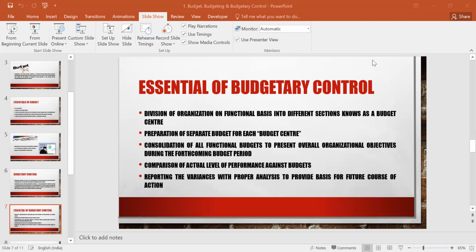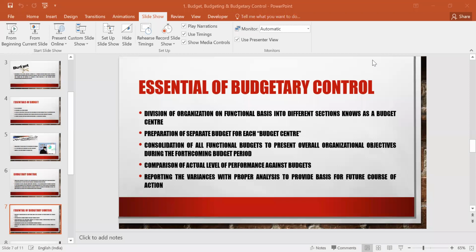When I'm looking at the overhead budget or expenses budget, I'll know at what level of activity what will be the total expenses. So this is how the budgets are. But unless I consolidate them, I would not know the totality of it. Therefore, I consolidate all these functional budgets and present something called a master budget. This presents the overall organizational objectives for the coming period.